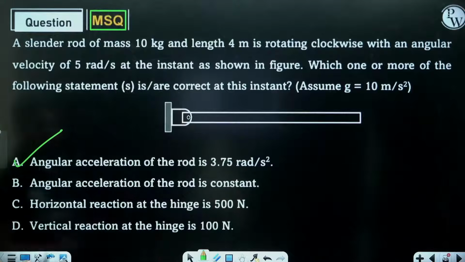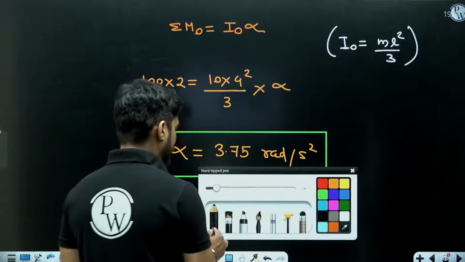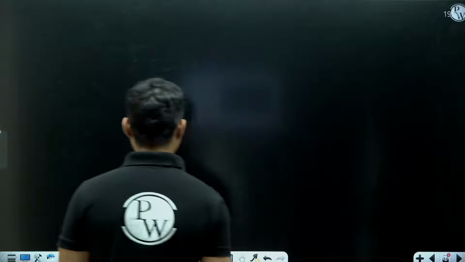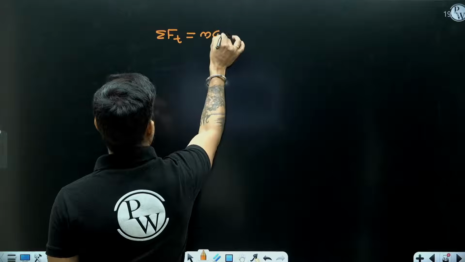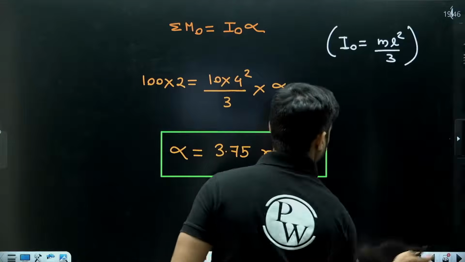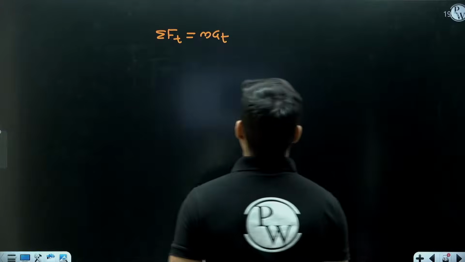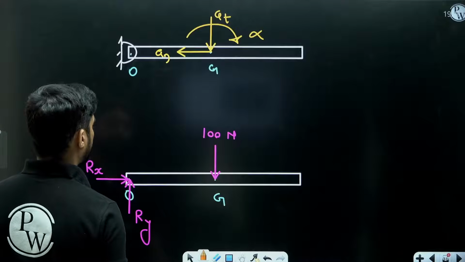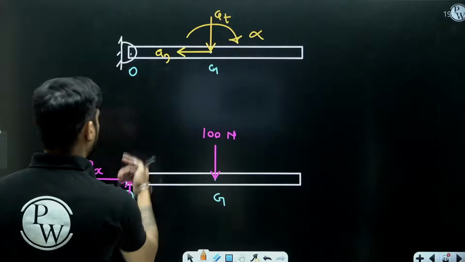Now they are asking you to find the horizontal and vertical reaction. So we can apply summation of Ft and summation of Fn. Summation of Ft will be equal to m at. In the direction of at, net force will be 100 minus Ry.